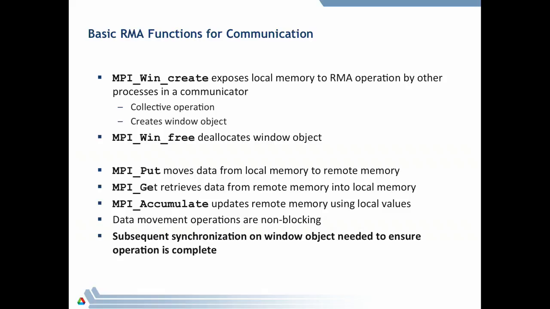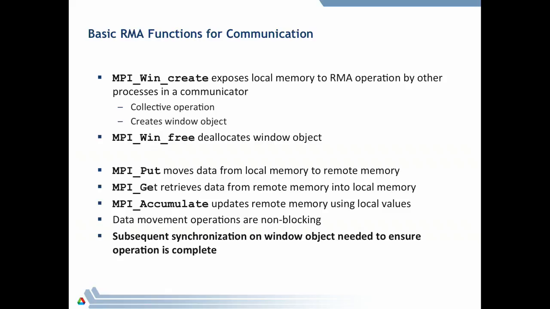So in MPI 2, the set of one-sided interfaces we had was pretty much this for creating the windows and moving the data. So you would call MPI win create. You'd give it the memory region that's going to be your public region, and a communicator.